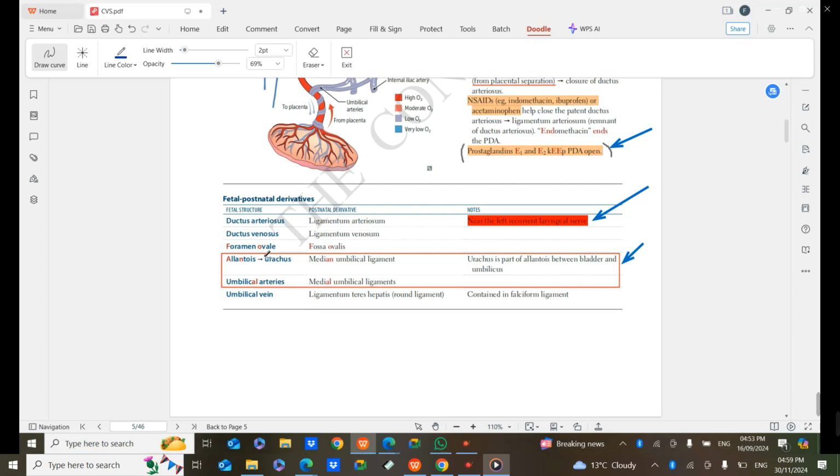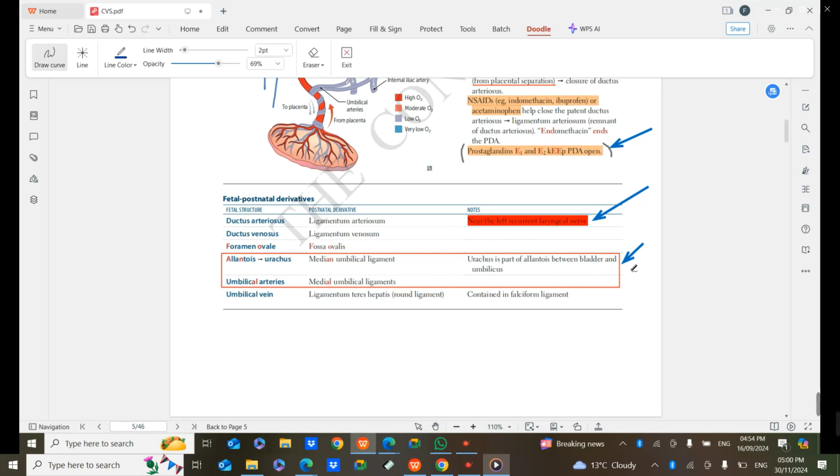That's that. What about the foramen ovale? The postnatal derivative is going to become the fossa ovalis. So don't mind my pronunciation, just note the postnatal derivative. I have these two structures in the box, in this rectangular shape. Why do I put them?